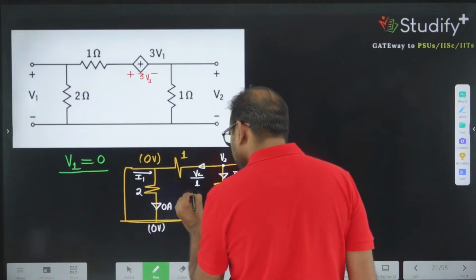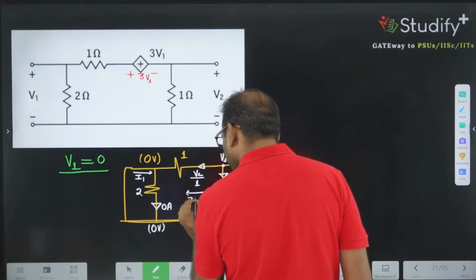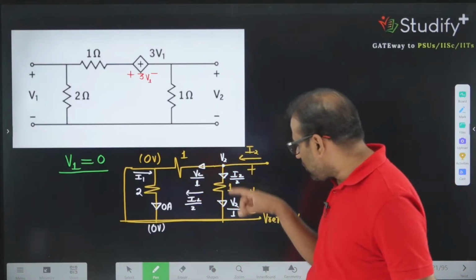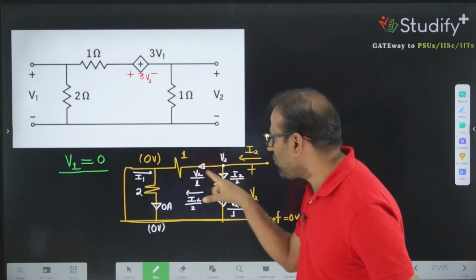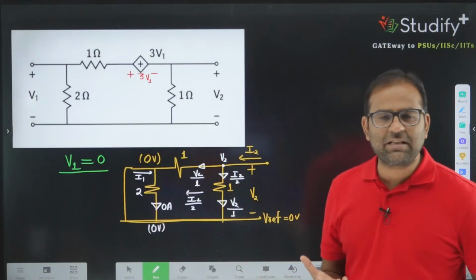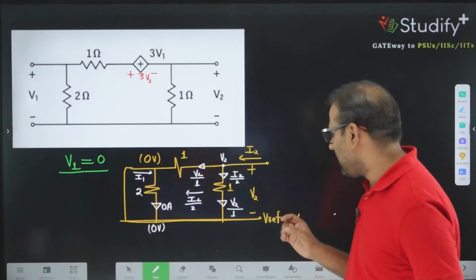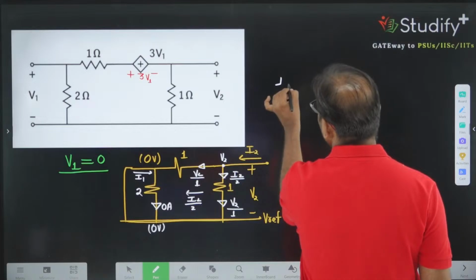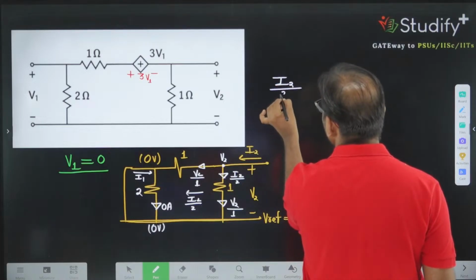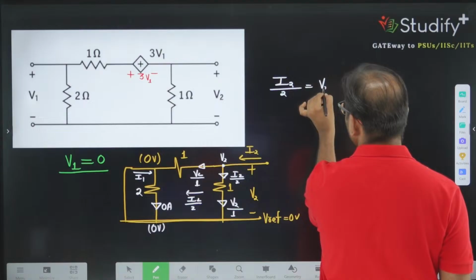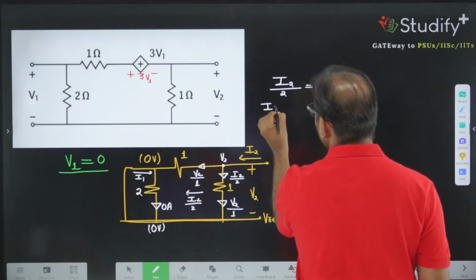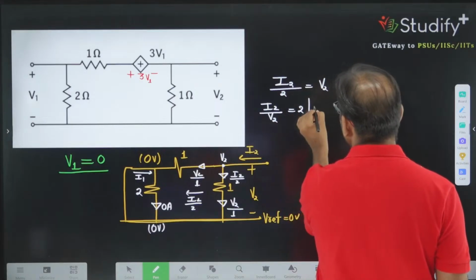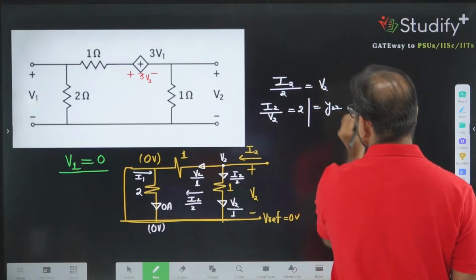Both currents should be same, because I2 will divide into 2 parallel paths and both resistances are same. So I2 by 2 must be equal to V2. So the ratio I2 divided by V2 is 2, and that value is known as Y22.